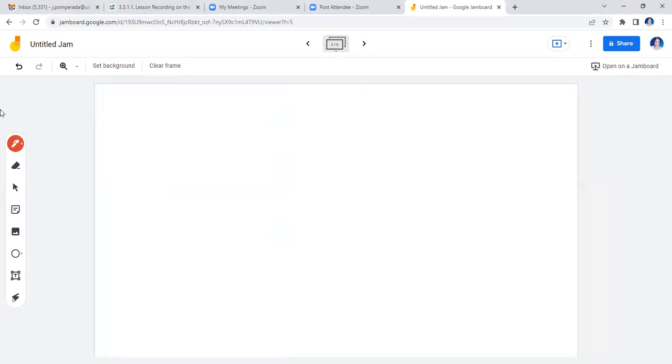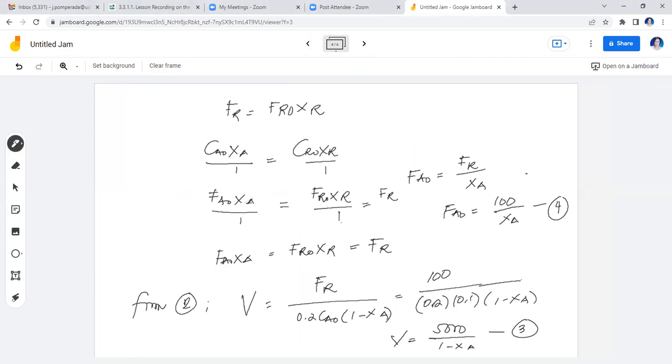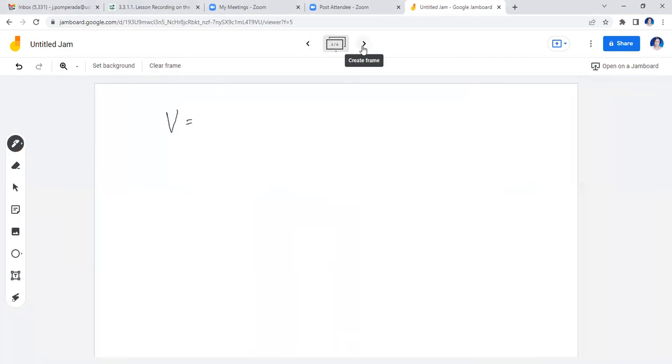So if we go to the next slide to solve for V, we go back to the V formula, and that V formula is equation 3. Is 5,000 over 1 minus XA. So you have 5,000 over 1 minus 0.5. So your V at optimum condition is 10,000 liters.